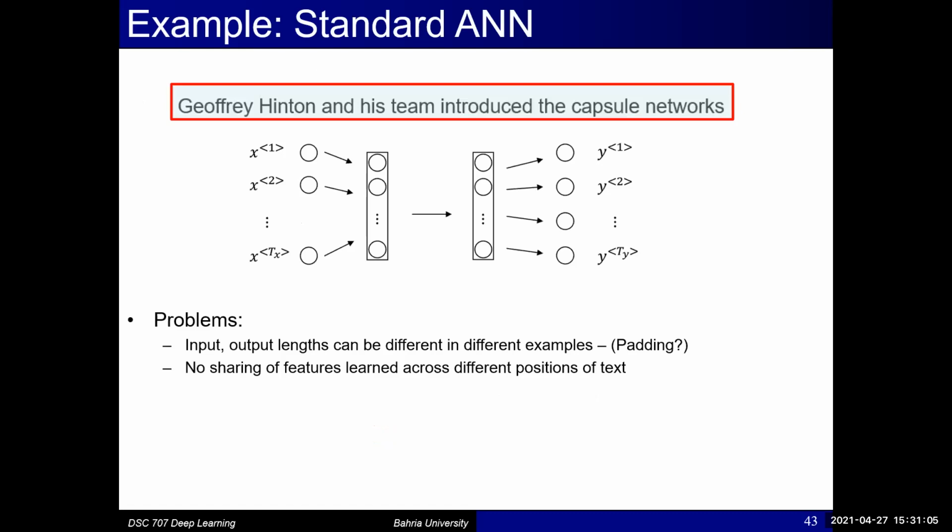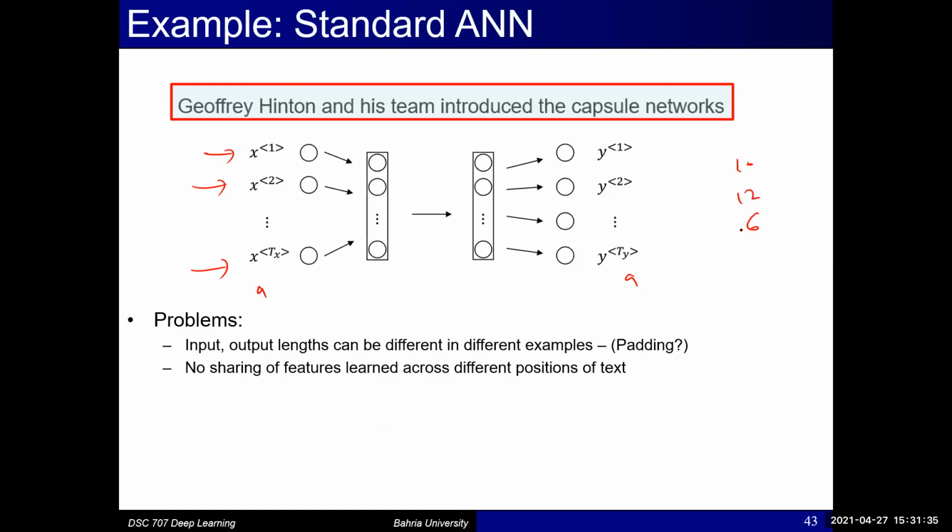Okay. Now, let's try to solve this named entity recognition problem using a conventional ANN, right? We'll feed the first word, second word, up to the ninth word. As we discussed earlier, there are 9 inputs, so there are 9 outputs. But the second training example can have, say, 10 words, another can have 12 words, another can have 6 words.